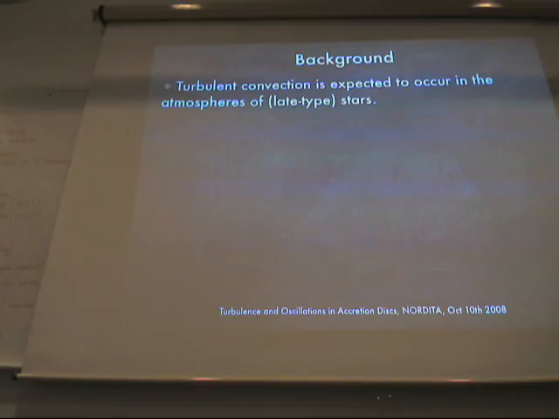So that would be the input. But on the other hand, you also have a loss, of course, and that depends on the opacity. And I think you raised this issue. Yes, exactly. If the opacity kicks in rapidly enough, all of a sudden, you will always have convection, I believe.